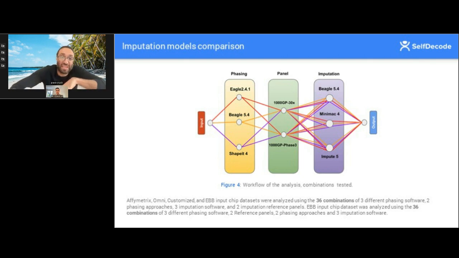We also tested 2 different reference panels. Both of them are the 1,000 Genomes Project reference panels, but there are different iterations of that. There's the 30X and there's Phase 3 and so on. Part of our work here was testing all these combinations to figure out if there is an optimal combination. So in total, we ended up testing 36 different combinations to get our results.